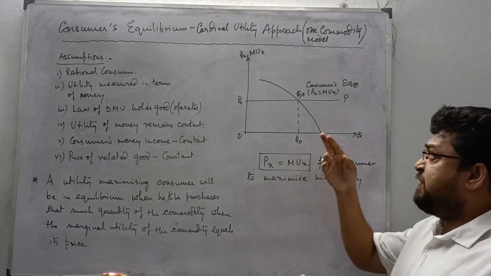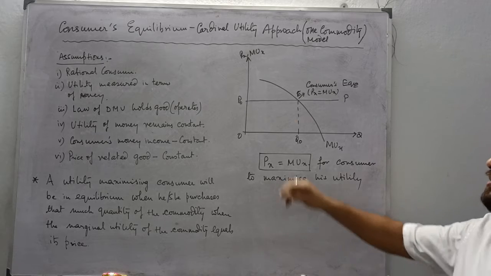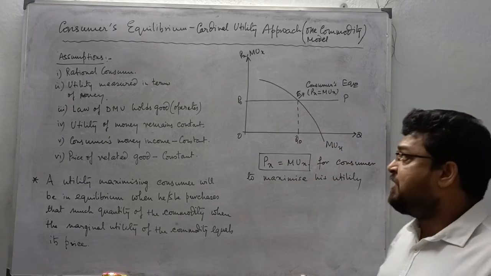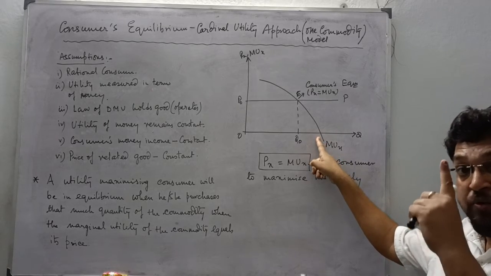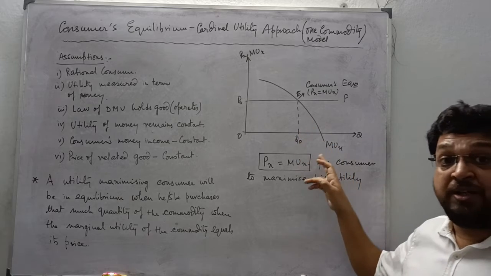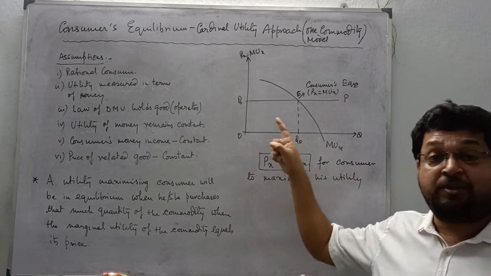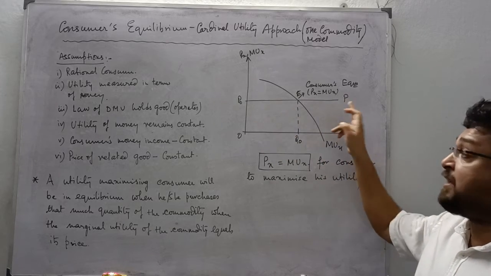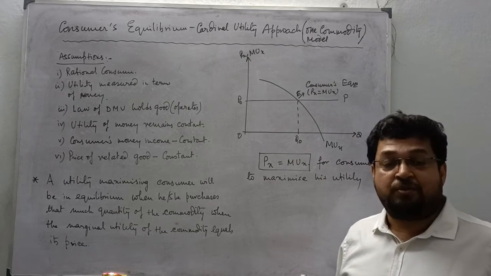If we put that in a diagram, this is the marginal utility curve. We know the downward sloping marginal utility curve reaches 0 at a certain point when total utility is maximum, and then becomes negative. This is the marginal utility curve for the commodity X. Now the price of the commodity in the market is given, say P0.